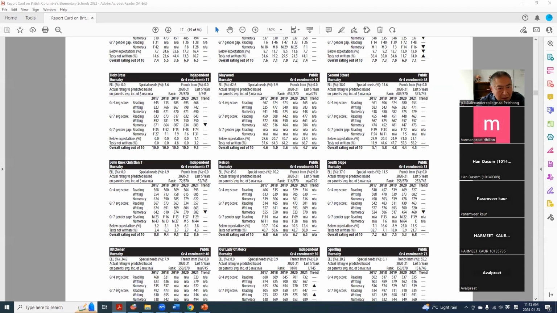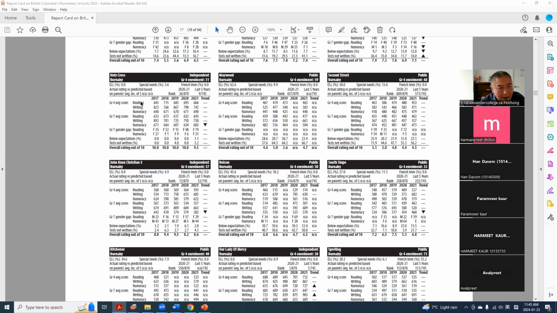But this independent school, a Catholic school, ranks high, 26. So do I see a pattern? It seems that independent schools do better than public schools. But is that true for all the 800 schools? We could check that.